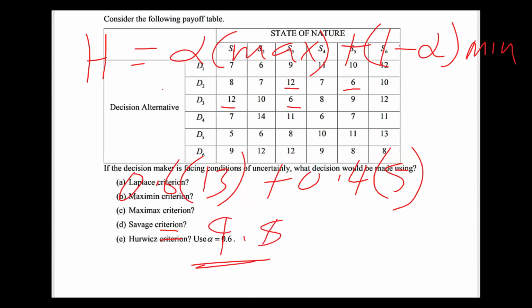Okay, decision number 6. The highest is 12. So it's 0.6 times 12 plus 0.4 times what? 8.